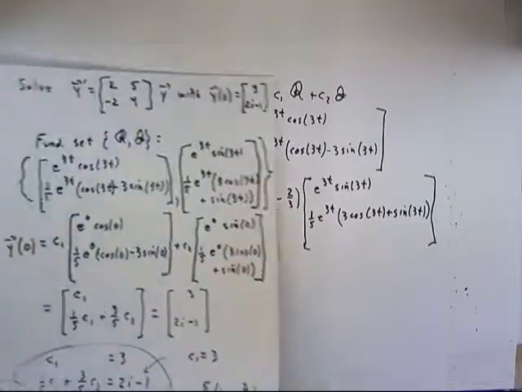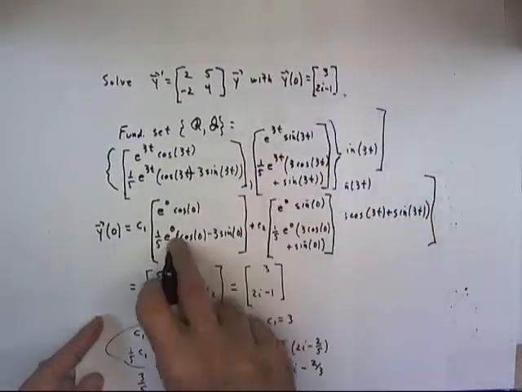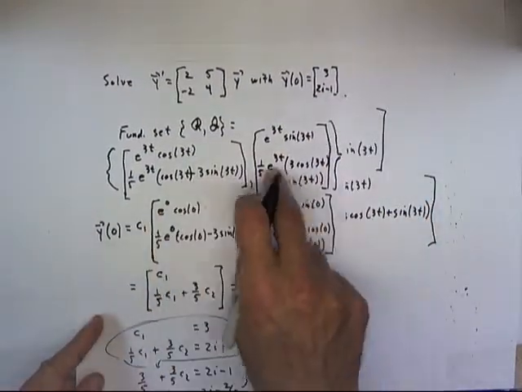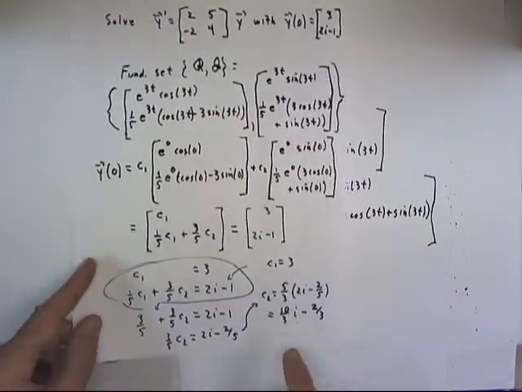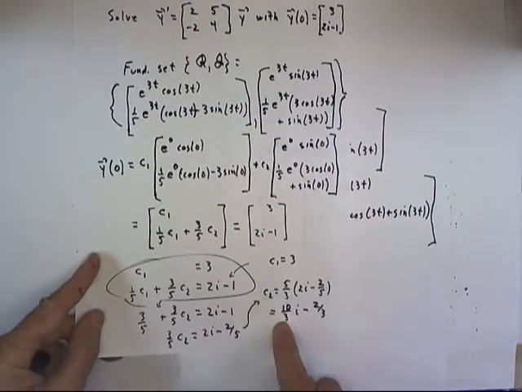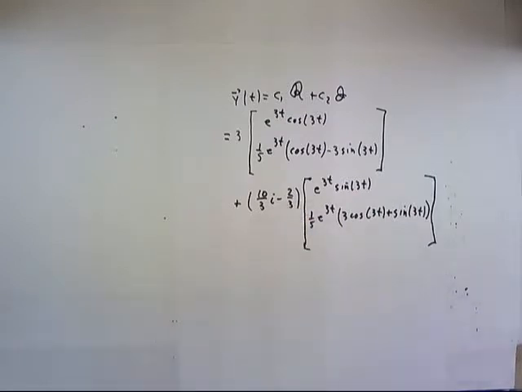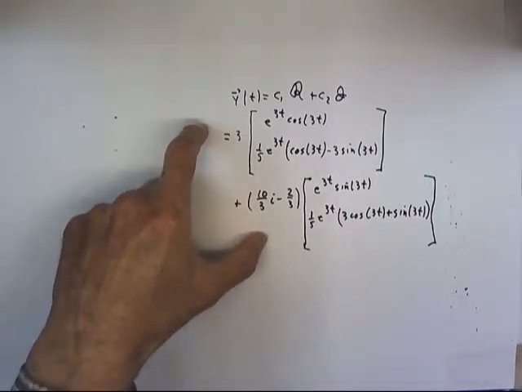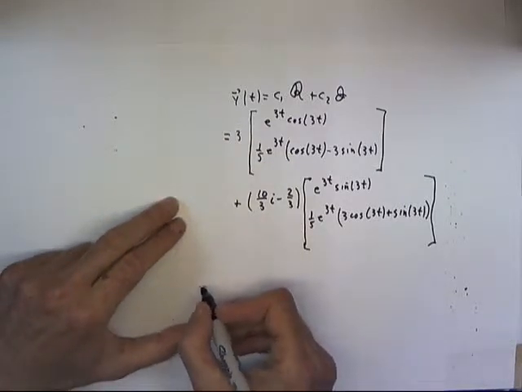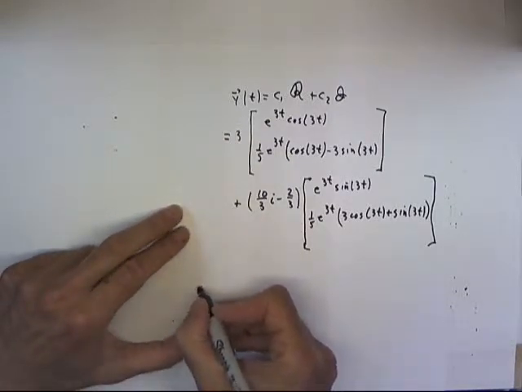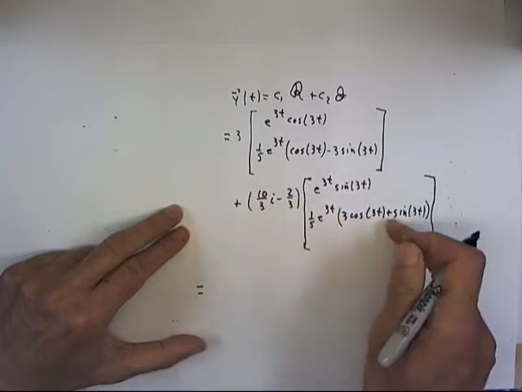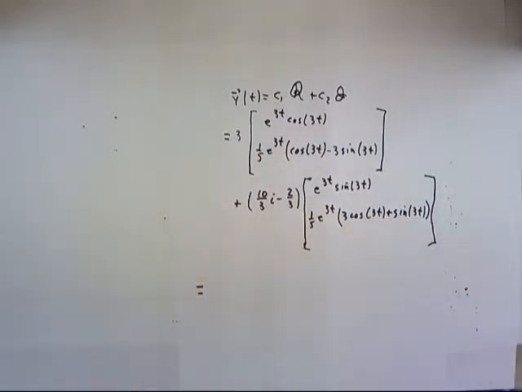So, having applied our initial condition to the general solution that we get from this fundamental set and evaluated the constants C1 and C2, we get our specific solution that satisfies the given initial conditions, and of course we can add these two solutions, which I'll do off camera.